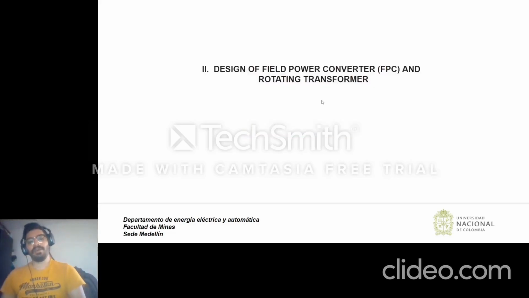And now we can talk about the design of the field power converter and rotating transformer. It is important to understand that in this application, the SE-SM field winding power requirements imposed the design of an FPC with a peak power of 5 kilowatts. This output power allows field boost and provides an extra torque that is necessary, for example, in vehicle passing maneuvers.